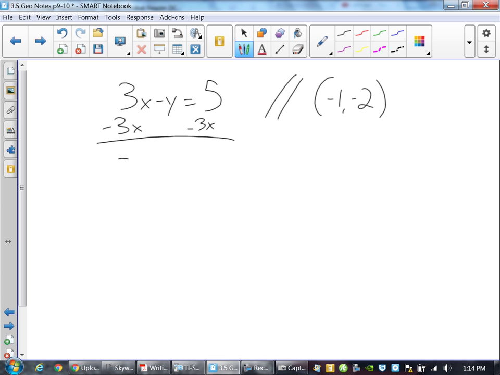Make sure when you write that it's still a negative y, but what's in front of the y you don't see? The reason I put that 1 there, the negative 1, is to remind myself I have to divide everything by a negative 1, which means I'm basically just changing all of my signs. Negative divided by negative is positive, and so on.